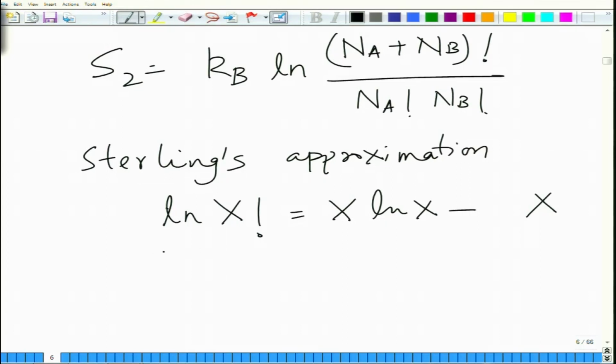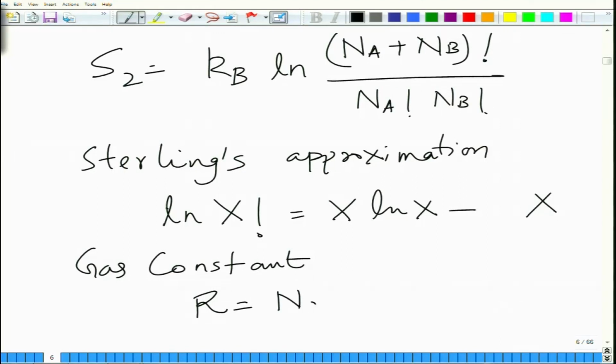And we can also define the gas constant R to be equal to the product of N_A into Kb, which is the product of Avogadro's number and Boltzmann constant, which is R, the gas constant.